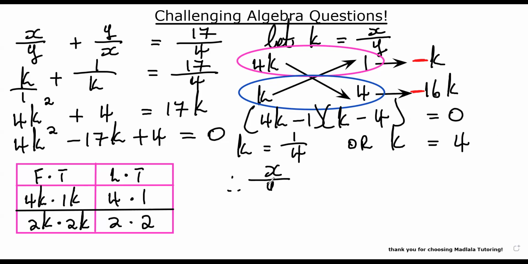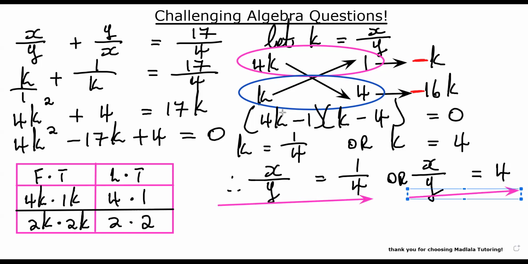Well, k is actually x over y. So this is the first value of x over y, and this is the second value of x over y. Over and out.